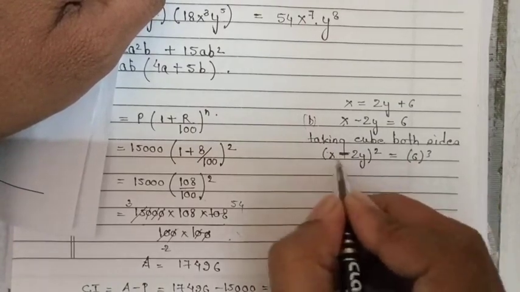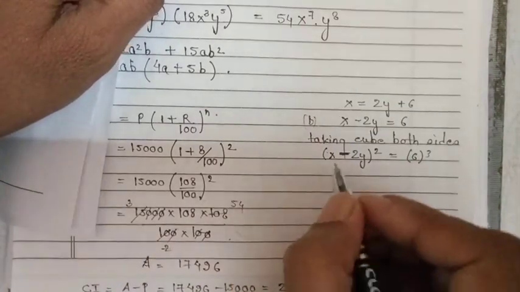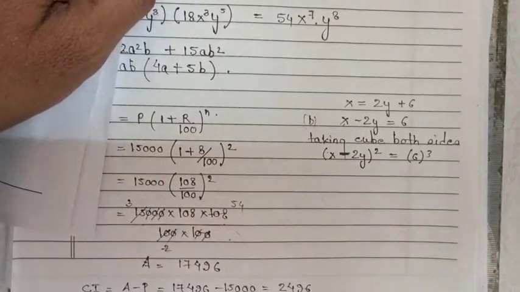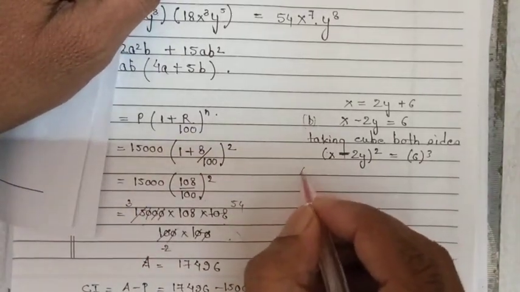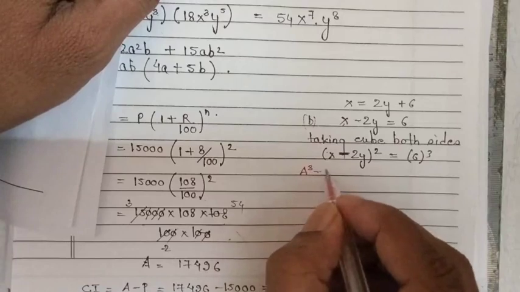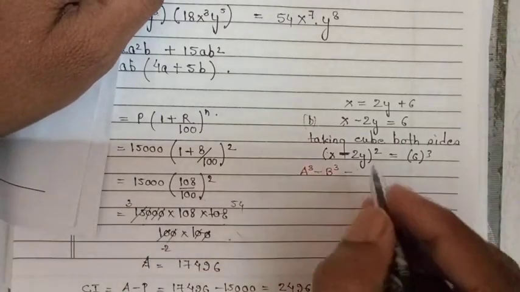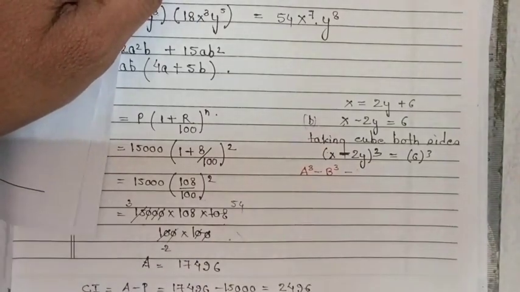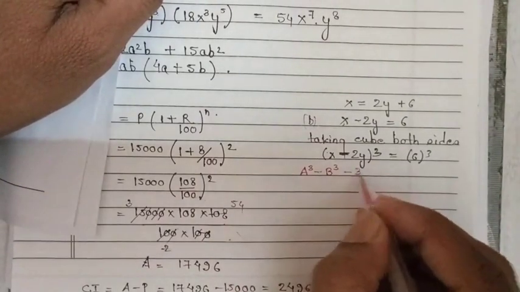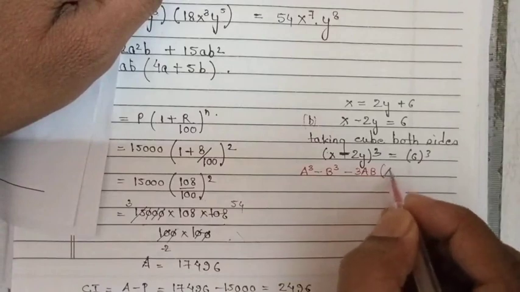Now the formula for a minus b whole cube, let me write the formula for you first. It is a cube minus b cube, sorry, we have to write cube, minus 3ab (a minus b).